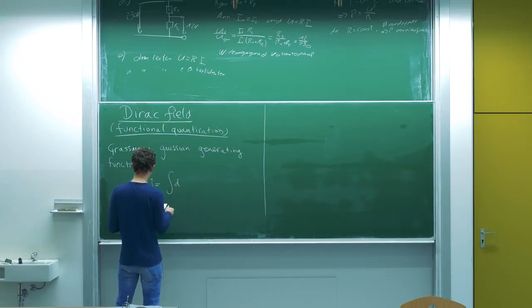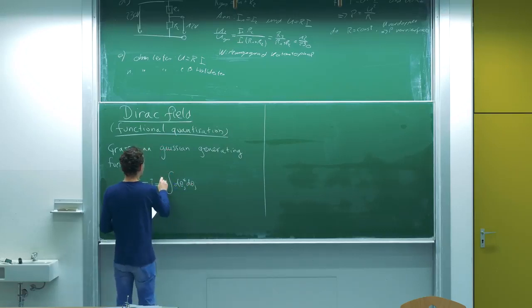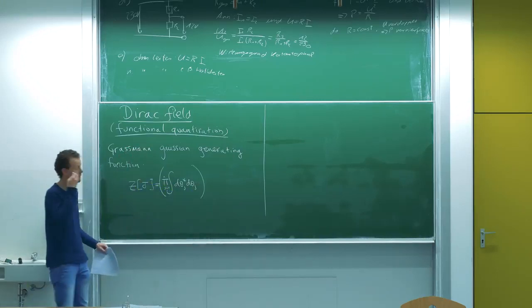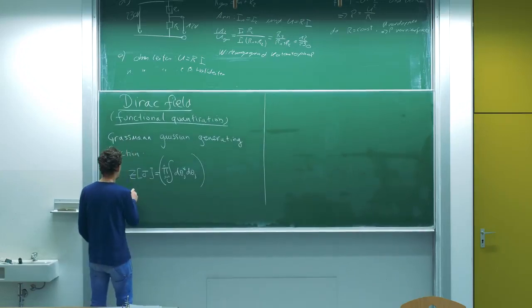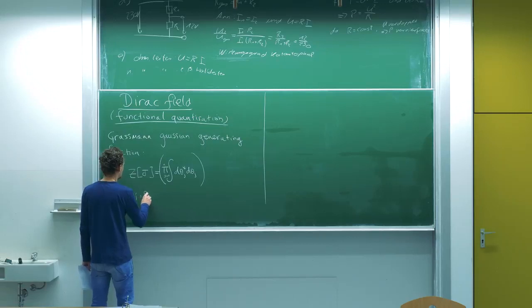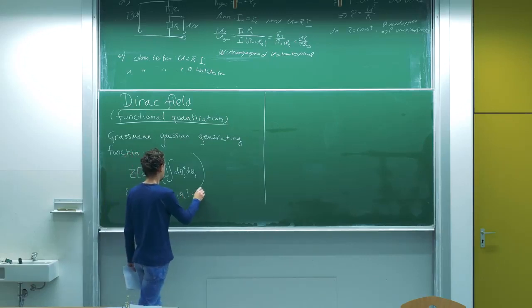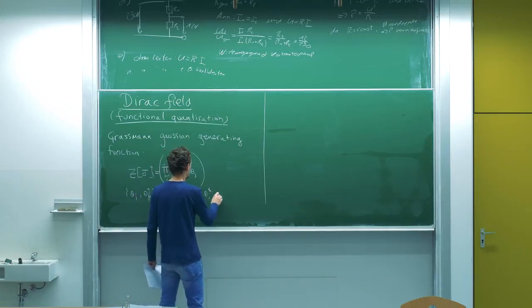If you have a Grassmann integral over n Grassmann variables, and these are now complex Grassmann variables, theta j star. Remember, we have the relation that these things anti-commute with each other.